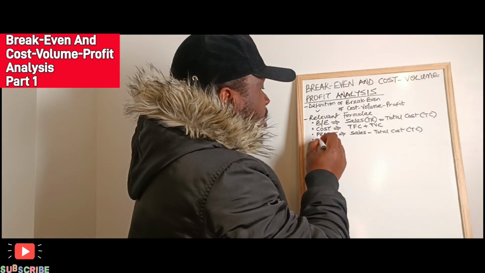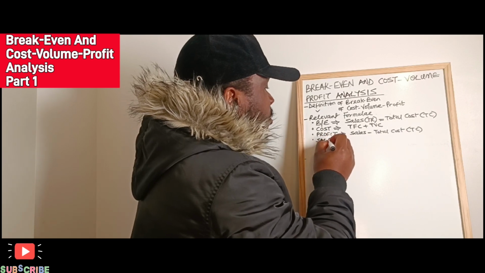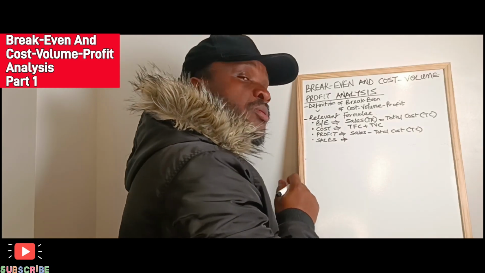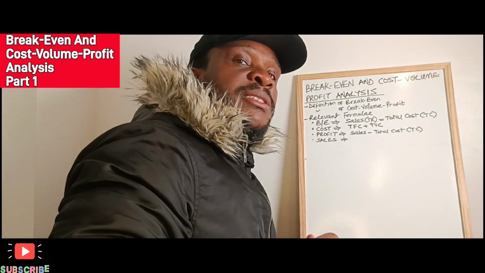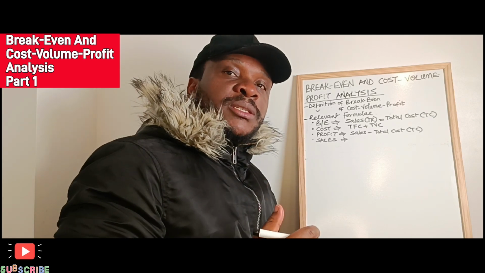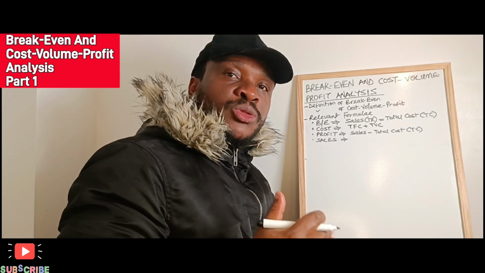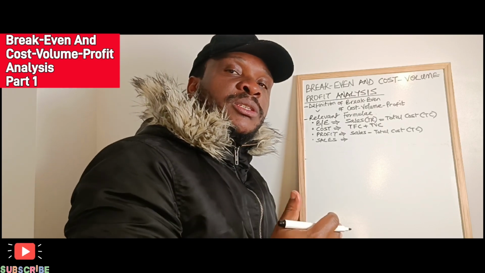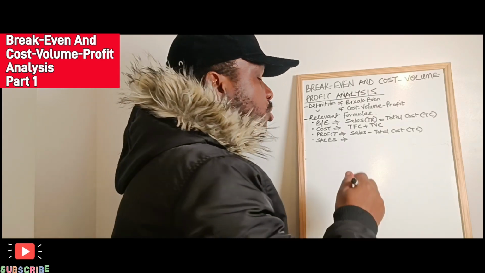You want to ask further, how do we derive sales? Sales is a function of selling price per unit and units sold.